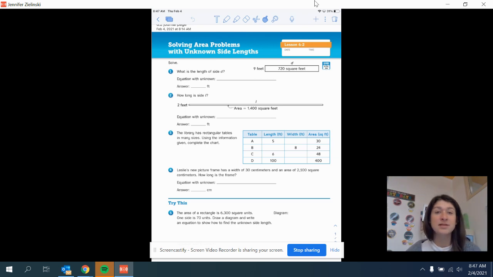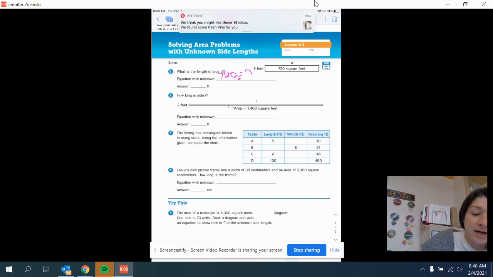So let's take a look here. What is the length of side D? You have your equation with unknowns, so they actually give you the information. So you can write it as a multiplication problem, or you can write it as a division problem. I'm going to stick with division. Let's do 720 divided by 9 equals D, and make sure, because you have an unknown, you have that D there.